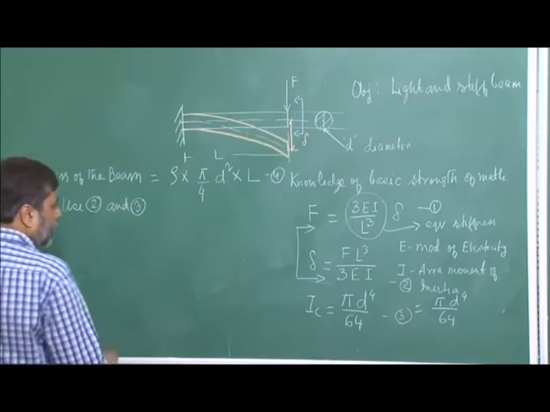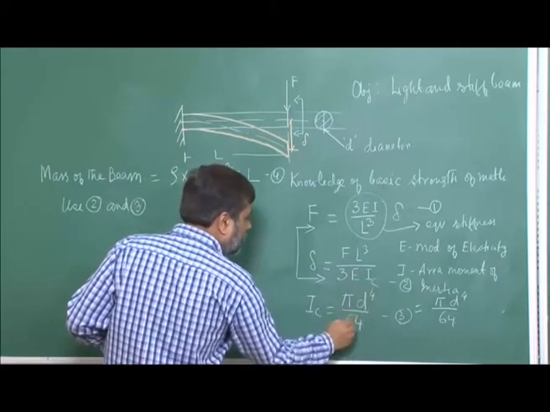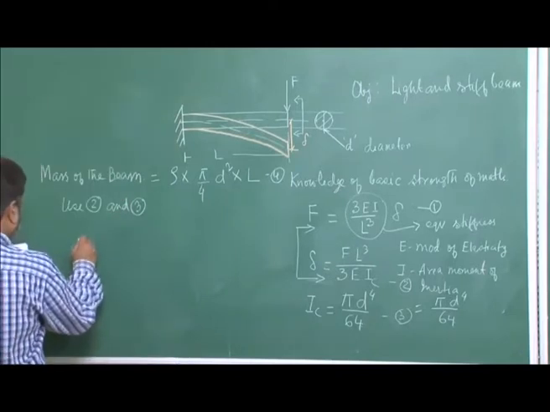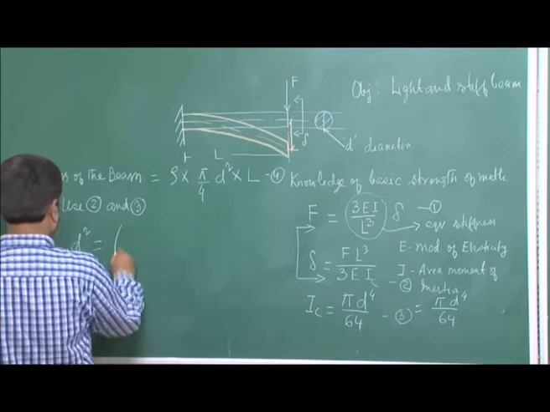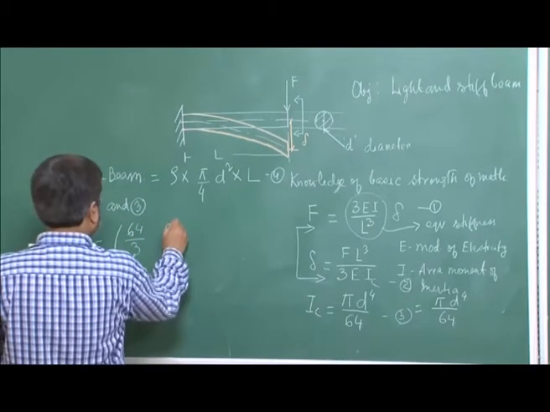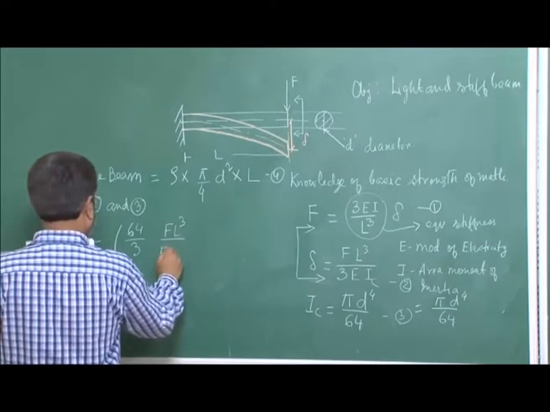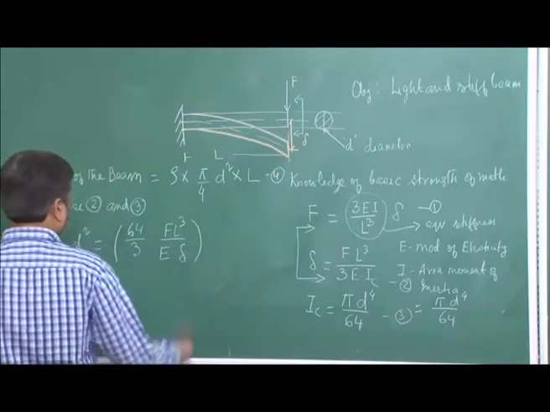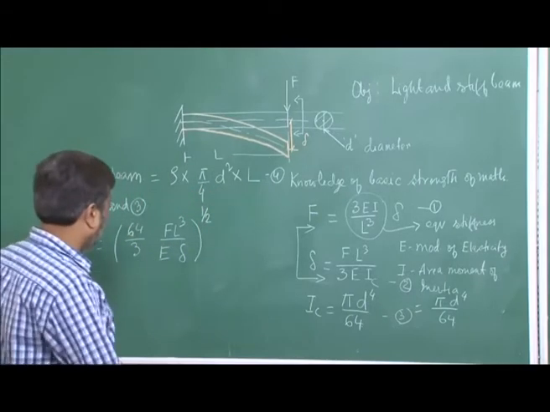So, what we can get is that I is here, and that is nothing but I_c, which is pi d to the power 4 by 64. So, I can write d square equals, with a little bit of algebra, 64 by 3 F L cube over E delta, whole to the power half, that is square root of the whole thing.